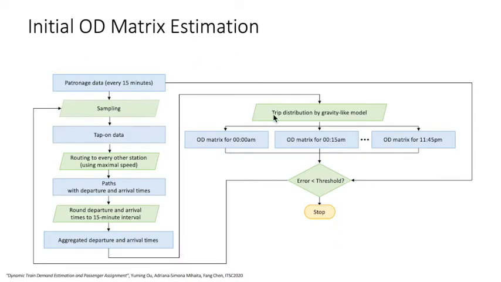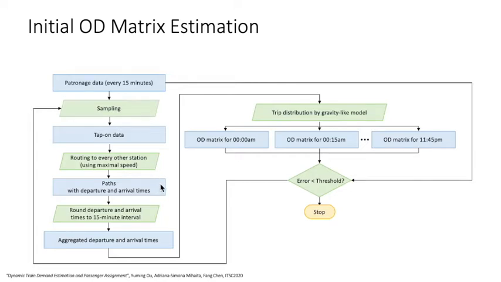Here's the diagram showing how to build the initial OD matrix. The input is the patronage data, which is aggregated for every 15 minutes. Firstly, we use sampling techniques to get the tap-on data at 1 minute time interval frequency. And then, for each tap-on, we use a path routing engine to find the shortest path to other stations.